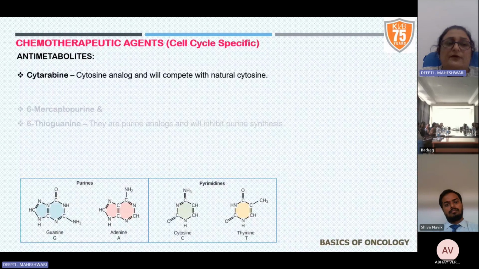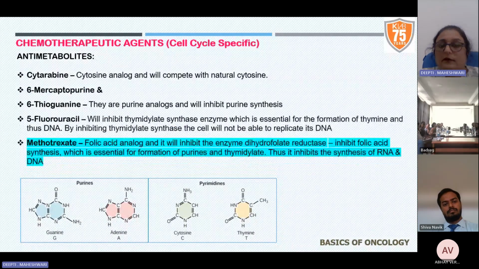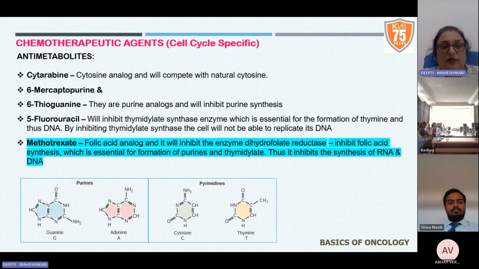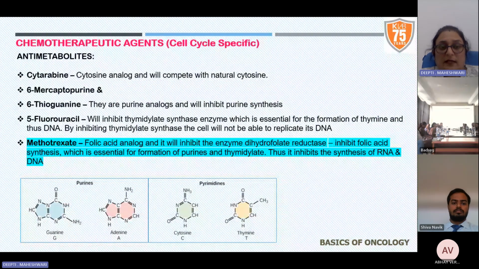There are different types of antimetabolites. We will not learn about all types because we are concerned with only a few of them. There are different types like cytarabine, mercaptopurine, 6-thioguanine, 5-fluorouracil, and methotrexate.